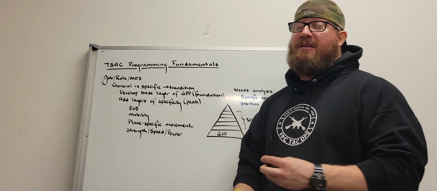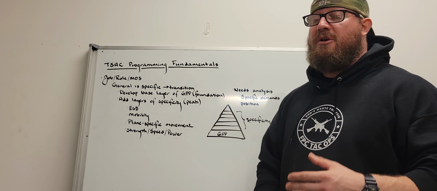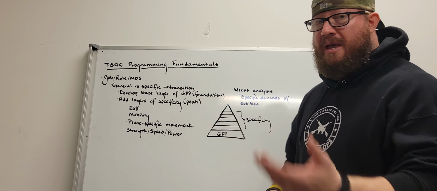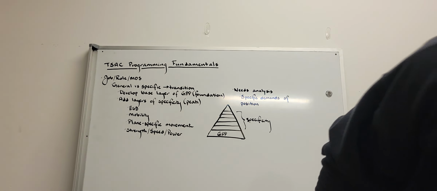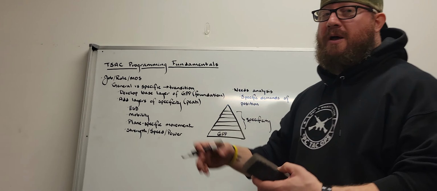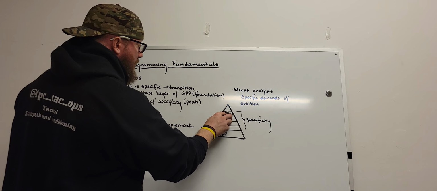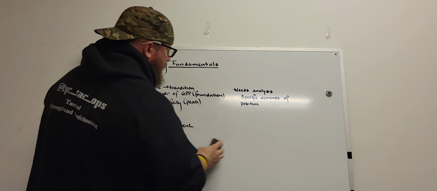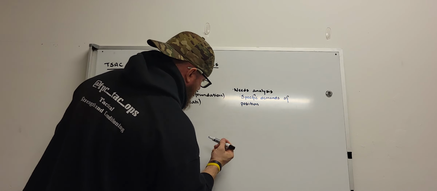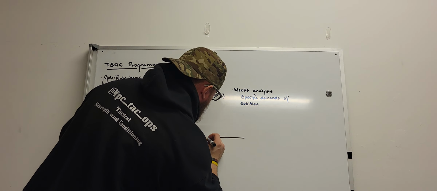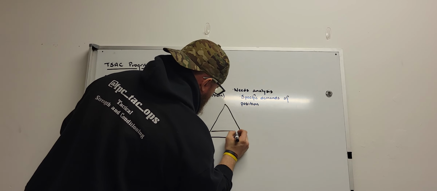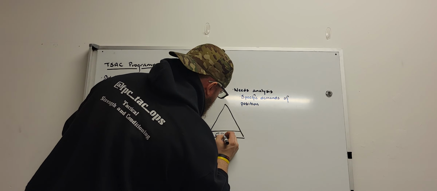This is not taking anything away from first responders, police, or firemen, but based on the demands of a particular job, role, or MOS, we may have fewer layers of specificity. We still want our layer of GPP. Our GPP foundation is still here. That's going to be a constant.